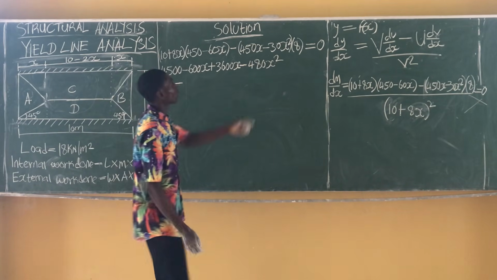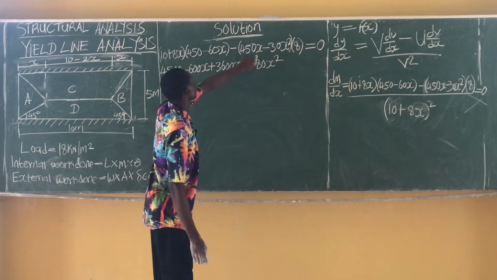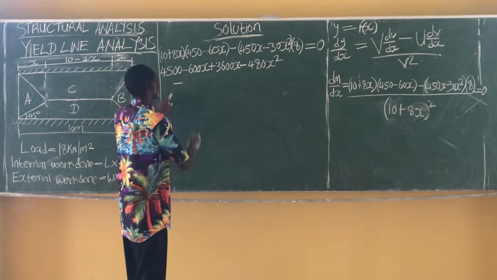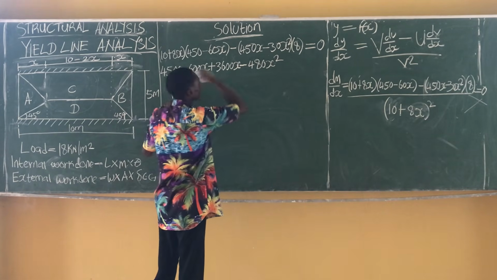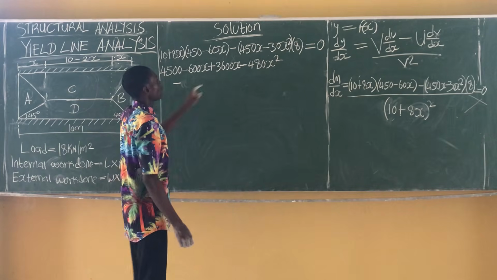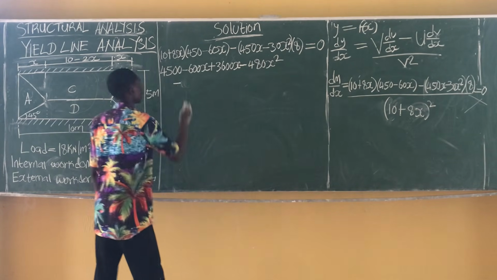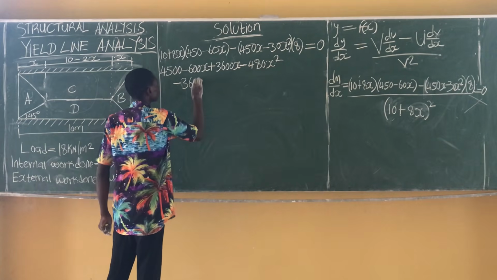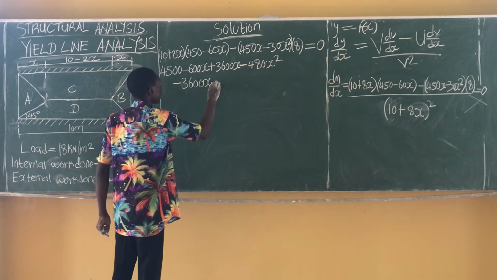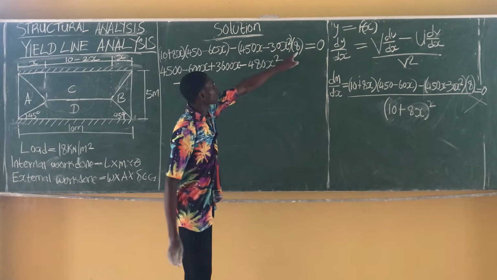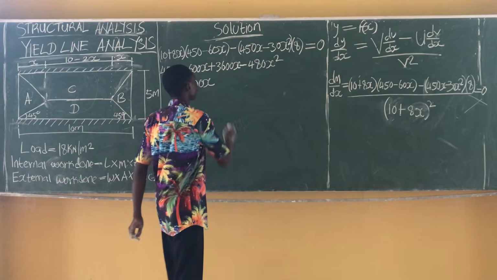Minus 8 times 450x will give us what? 450x times 8 is 3,600x. Alright? 8 times 30 will give us what?